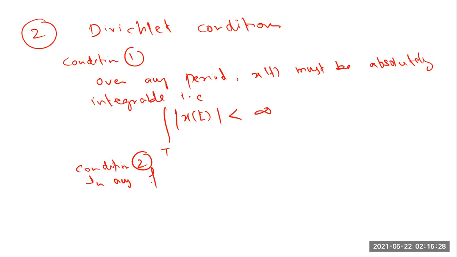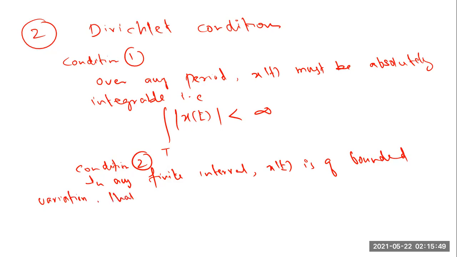In any finite interval, x of t is of bounded variation. What is the meaning of this?